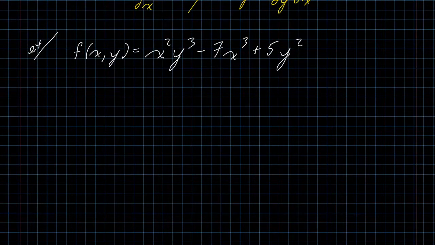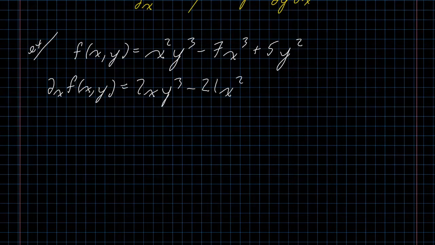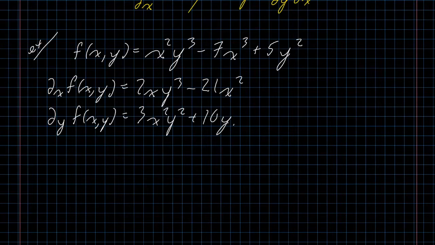We can pretty readily take the derivative with respect to x. It'll give us 2xy cubed minus 21x squared. And we can take the partial with respect to y, and we'll get 3x squared y squared plus 10y. Nothing too crazy happening there.